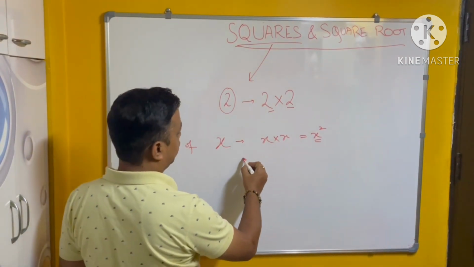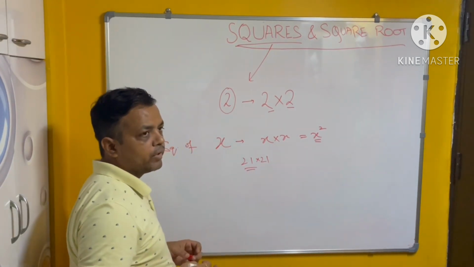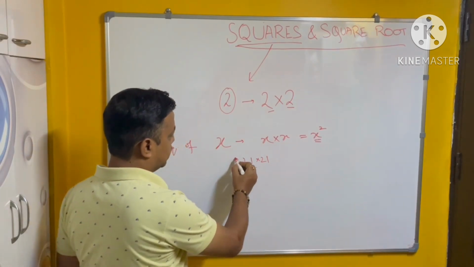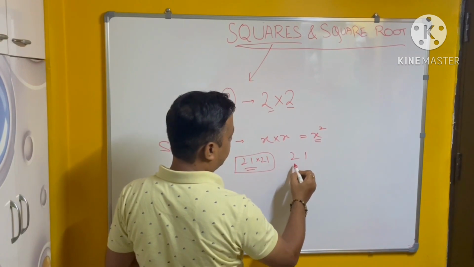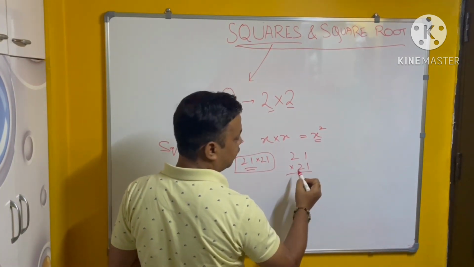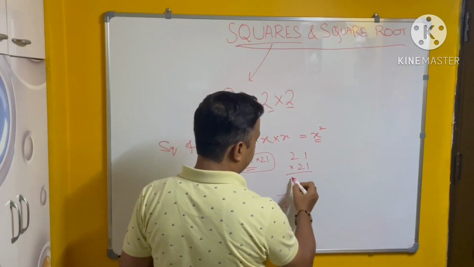Suppose somewhere you have to do 21 into 21. So we have different methods to evaluate this square. The simple thing is that you can basically multiply 21 by 21 and then evaluate it, right?